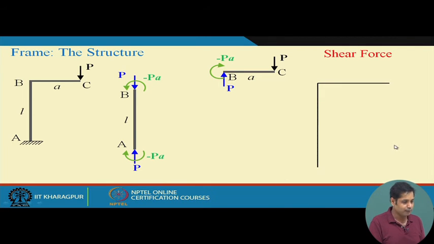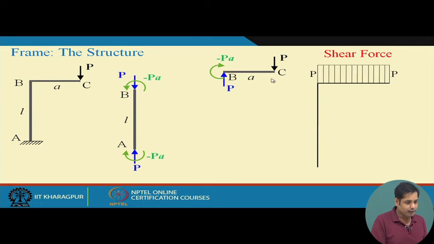Now, let us draw the shear force diagram. Let us first consider part BC. Shear force is positive here, and there is no other load between B and C, so shear force remains constant.